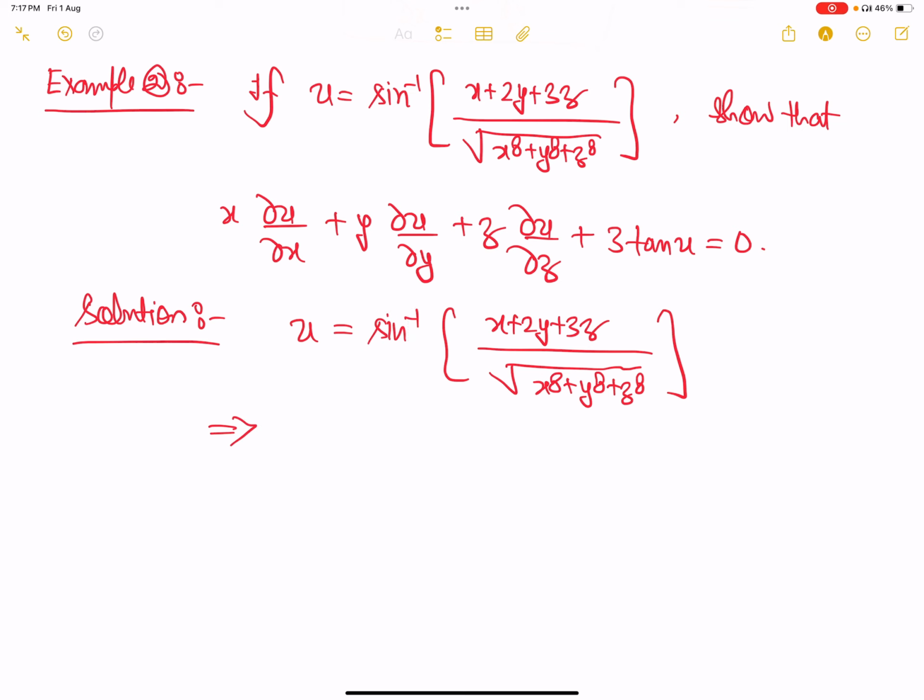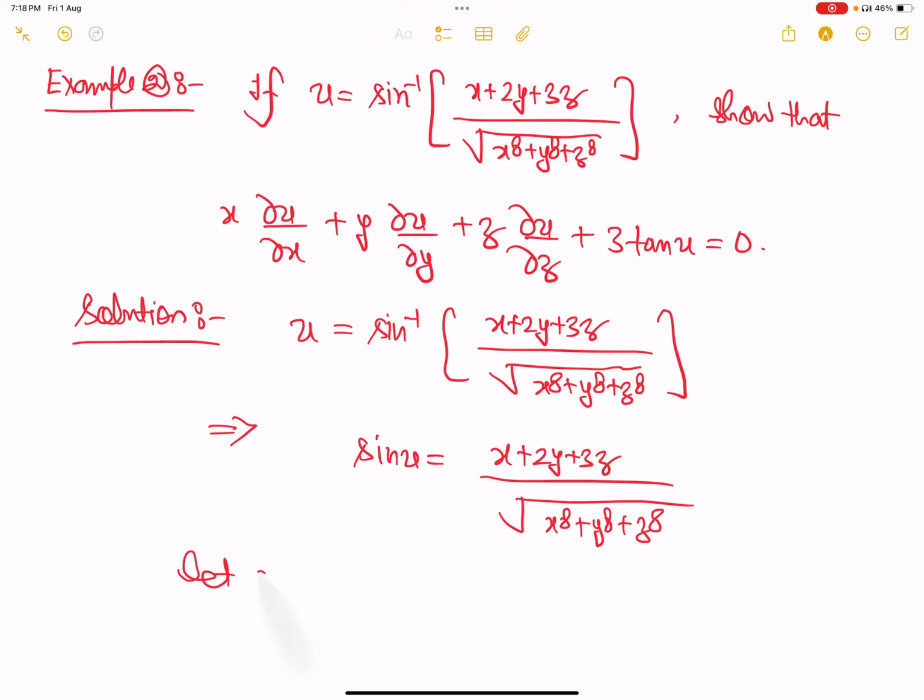So this implies sine u is equal to (x plus 2y plus 3z) upon under root of (x to the power 8 plus y to the power 8 plus z to the power 8).